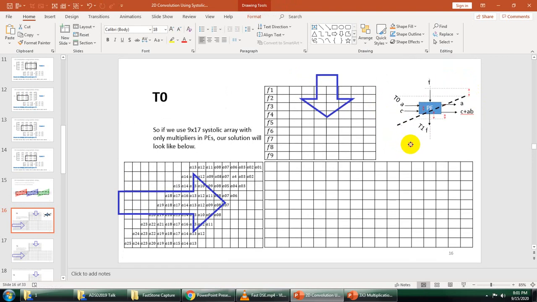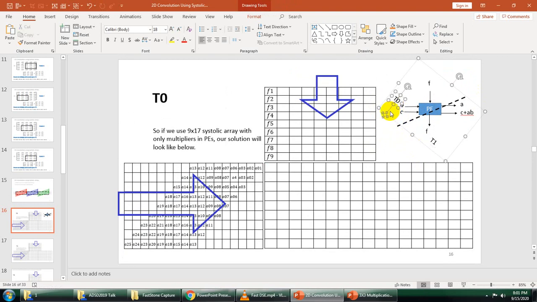This is the domain of T1 and this is the domain of T0.